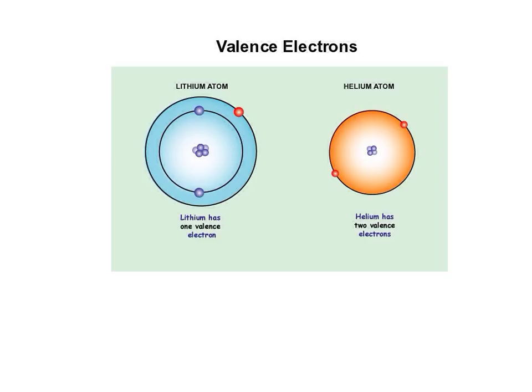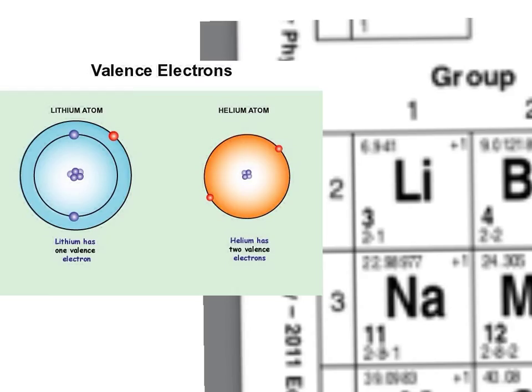You just have to look at the electron configuration. Hopefully you can see, I pulled up the periodic table, and you can see that you have the electron configuration, a little blurry, but there it is. 2 electrons in the first energy level, 1 in the second energy level. And you can see that represented here with 2 electrons in the first energy level and 1 in the second energy level.